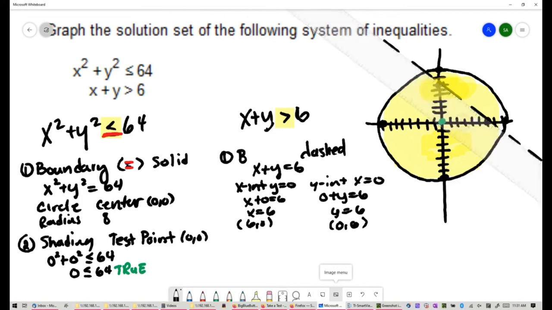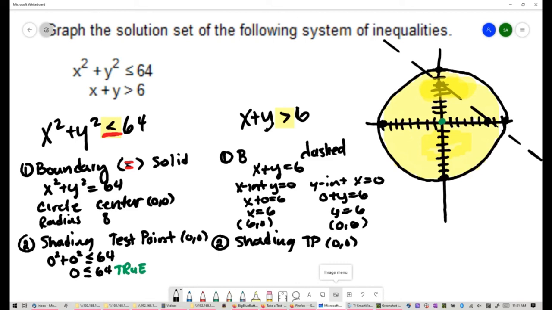So then I need to figure out the shading. So remember, only focusing on that dashed line, we can shade above the line or below the line. And we need to figure out which side is the correct side, the solution set. So we're going to do the shading. We need a test point. You can use 0, 0 as your test point here.